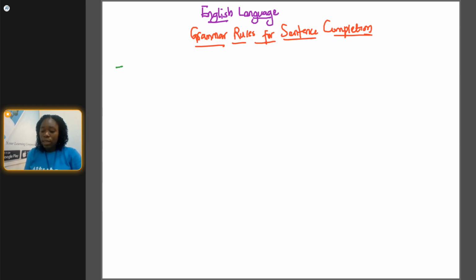So, we're looking at pronoun agreement. What does this rule say? The rule says a pronoun must agree in number. In number, we talk about singular and plural, and we briefly mentioned that in the last class too.